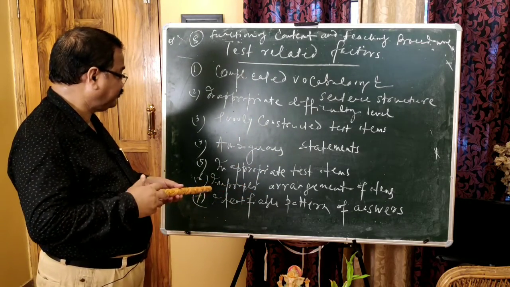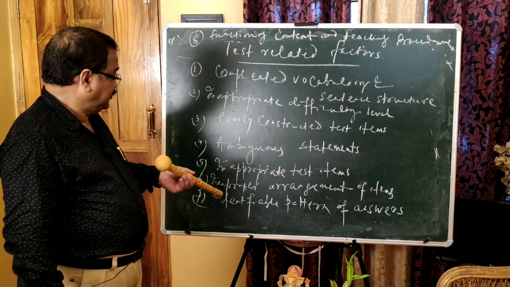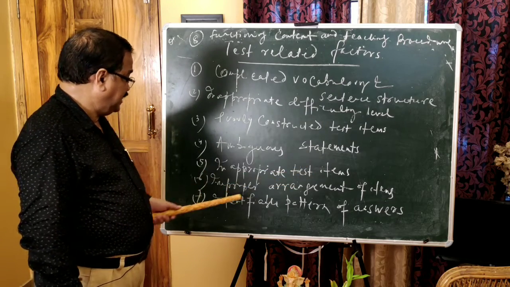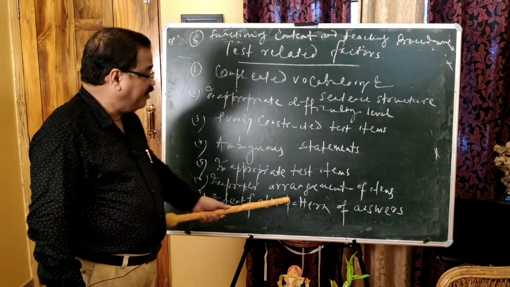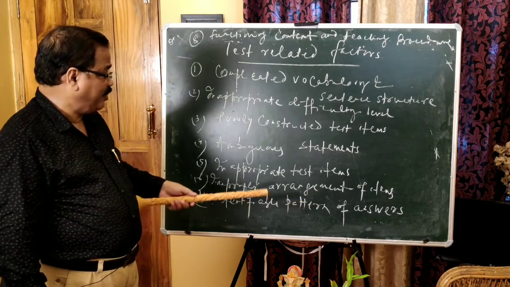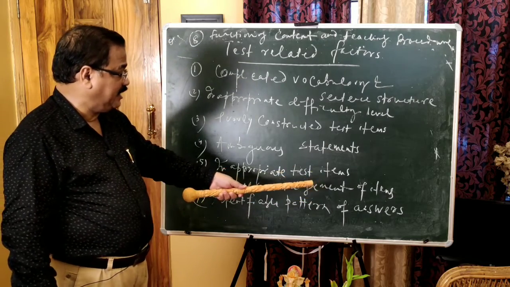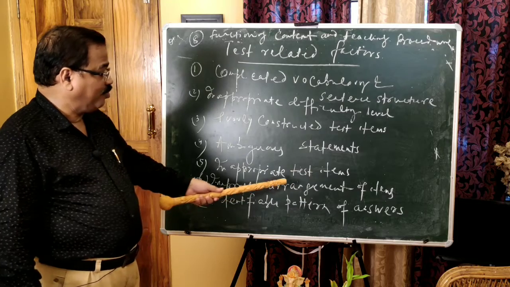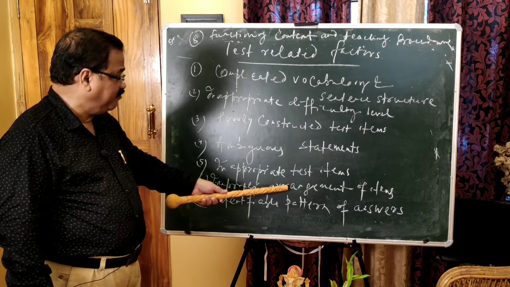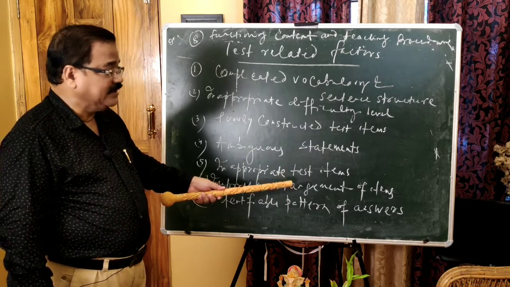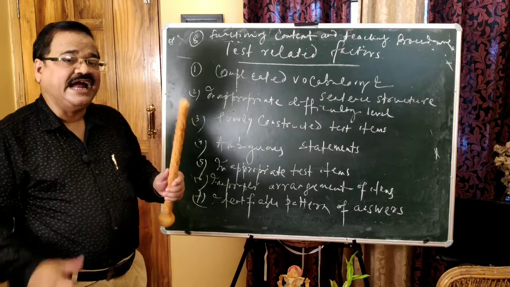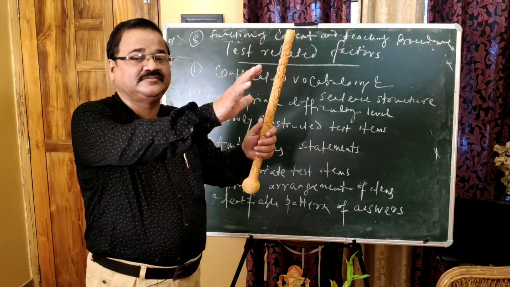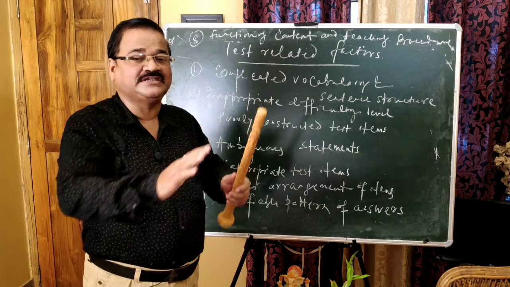That is improper arrangement and identifiable pattern. These are two related. Improper arrangement of items. Here what happens? In case of improper arrangement, the easy items must be placed first, then the difficult ones.